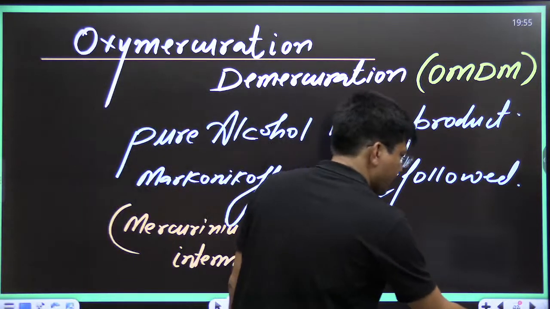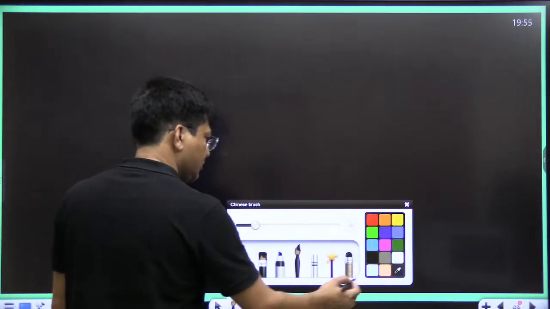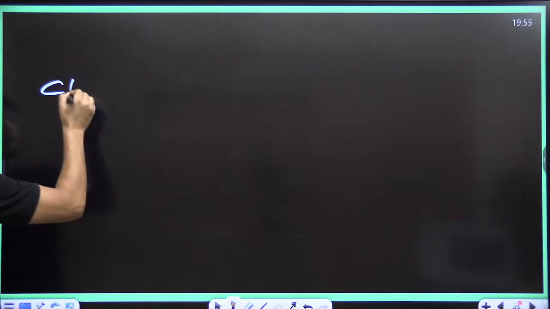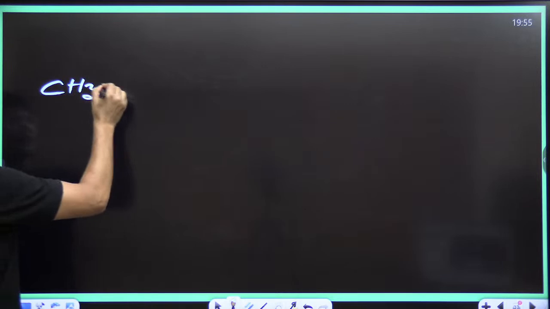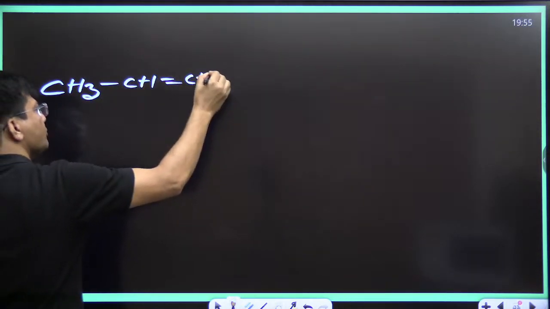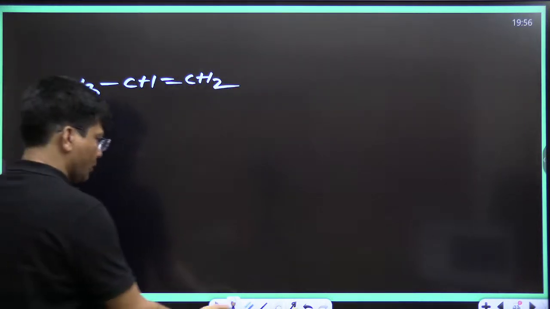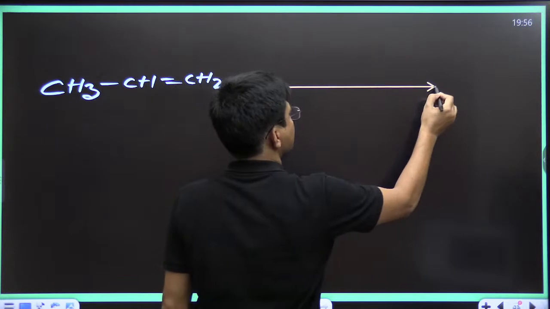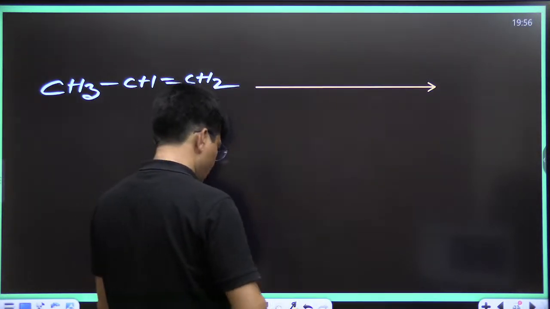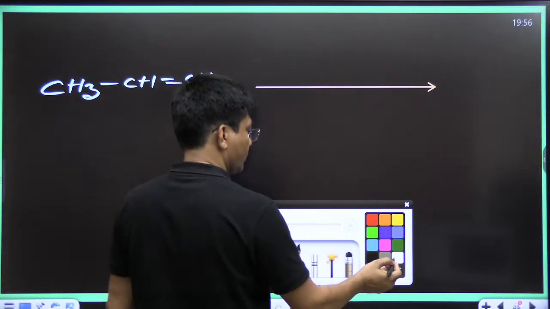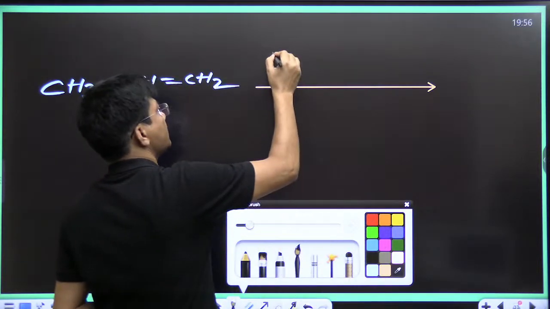Now see what the reaction is. The reaction over here is, let us suppose we are going to take CH3, CH double bond CH2. The most important thing is the reagent. Always try to remember what the reagent is, my dear friends, because this is very, very important.